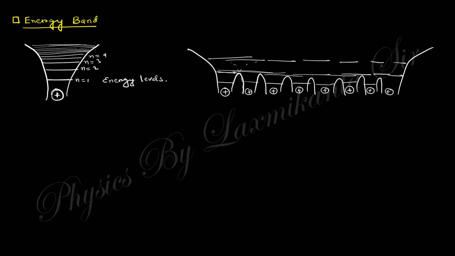So now this level becomes a band, because there is a large number of levels arising here, and there are also a large number of levels present in this region. So this is called an energy band. Energy band is the collection of energy levels. When a large number of energy levels accumulate, it is called an energy band.